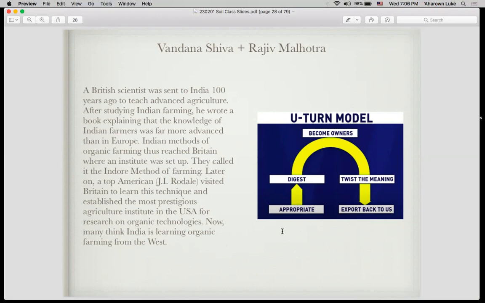So he appropriated what was happening in India, and that reached back to England, and they made their own version of it, and that just kind of moved them away from manure only applications, to green manure and crop rotation. And then they became owners of this idea that wasn't theirs, and then they twisted the meaning and they exported it back to the indigenous people of India, within their enterprise, within their superpower of that time.